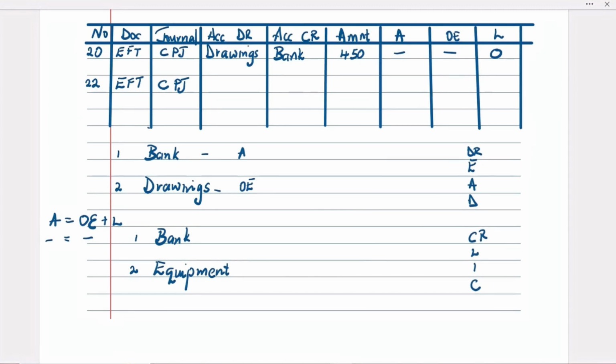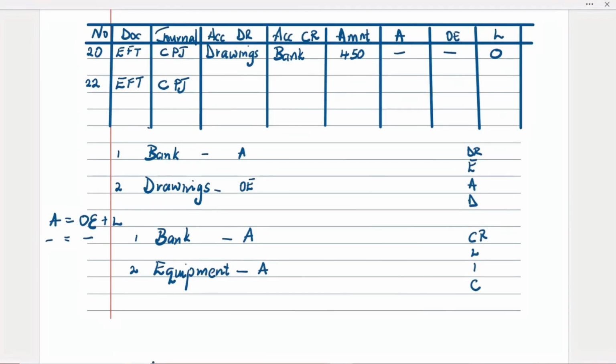In our classroom, we call it the golden paper because it helps us to see all the accounts at once. Now, classification for bank, asset. Classification for equipment, asset. Now, out of these two, they all increase from the debit side because they are assets.